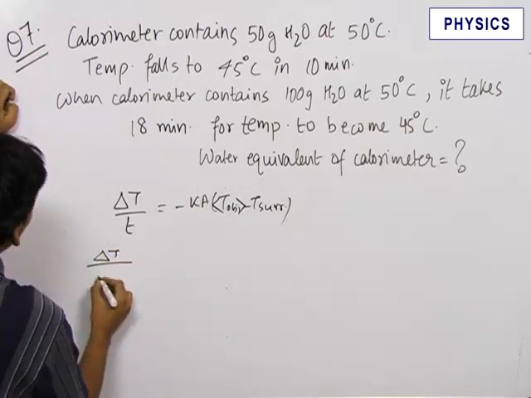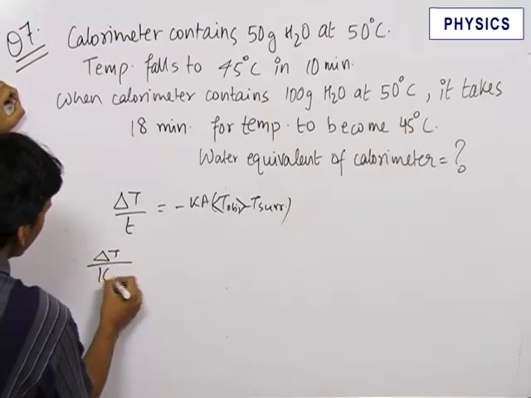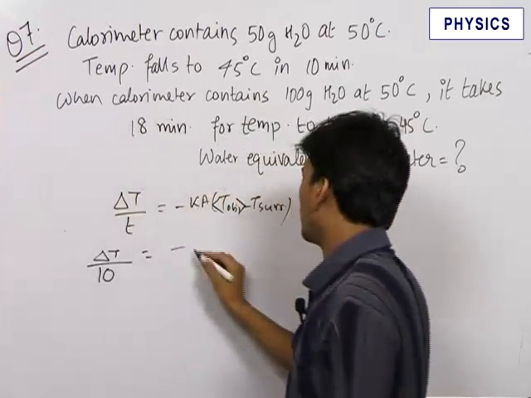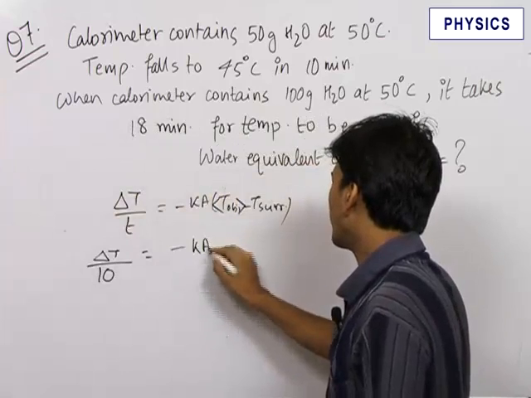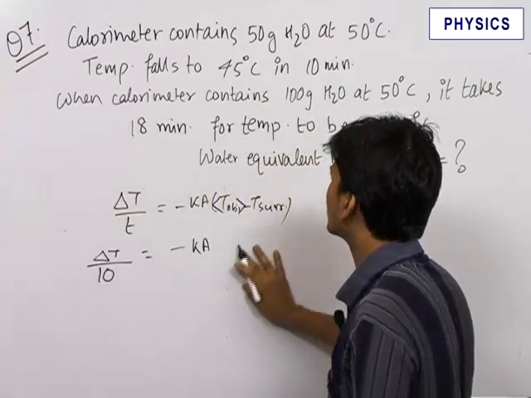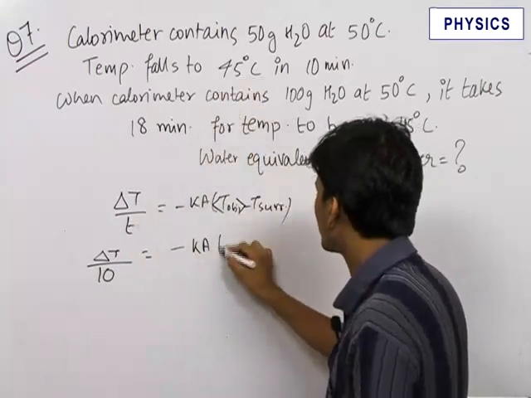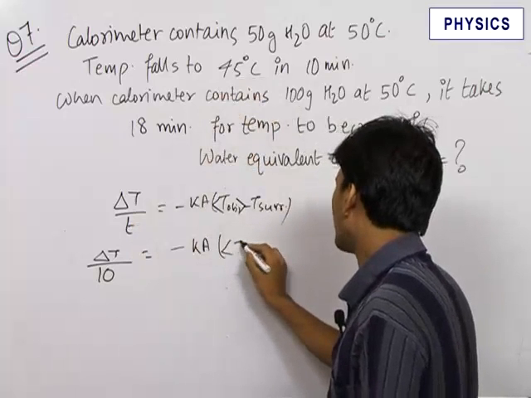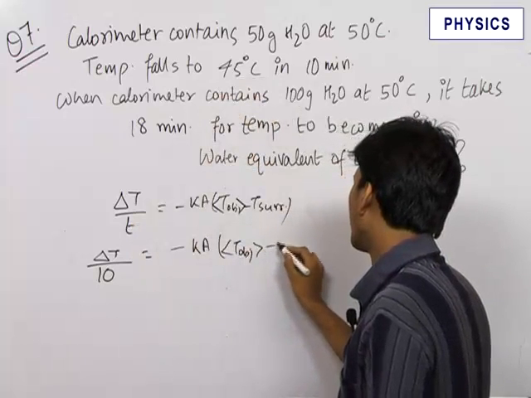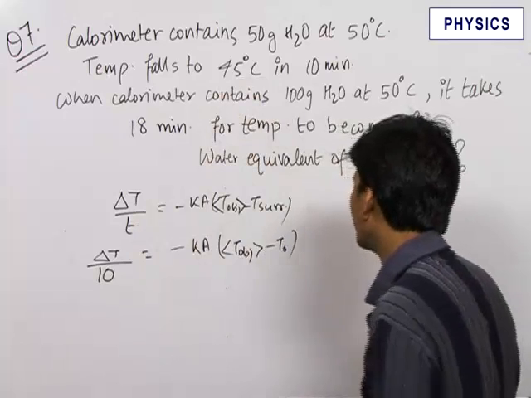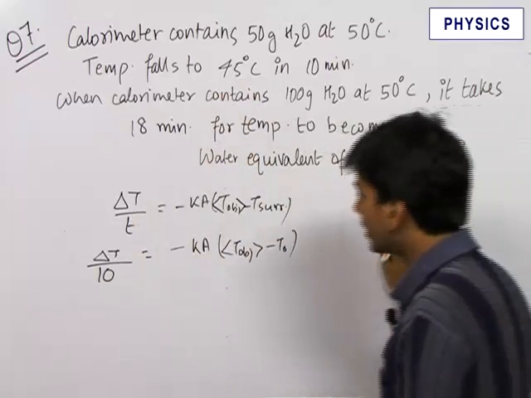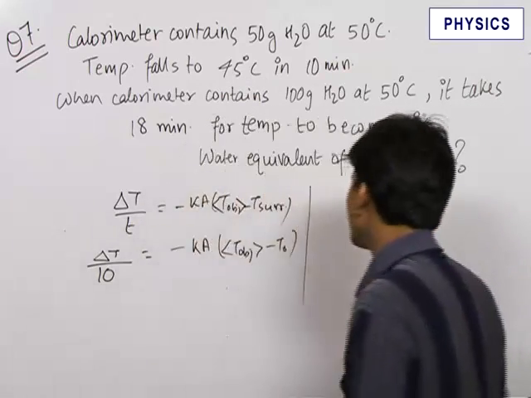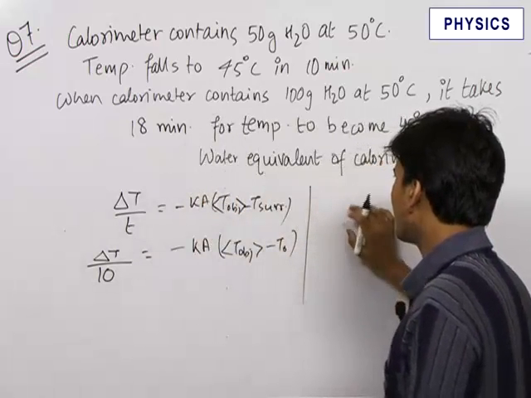Delta T upon 10 minutes is equal to minus of K into A. This A is the surface area of the system that remains the same, into the average of T object minus T of surrounding, let that be T naught. Now an important thing which you should keep in mind for this question, let me write the second part first.